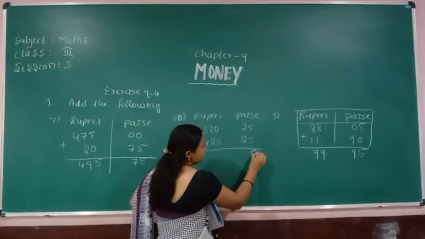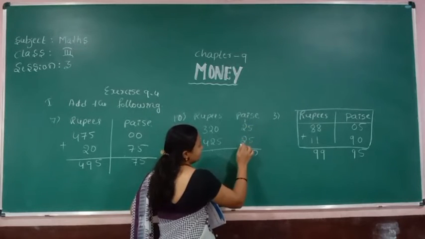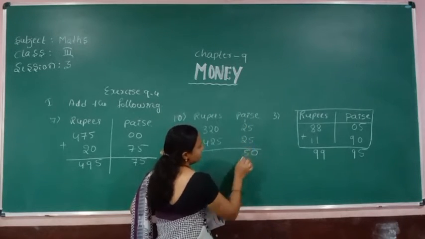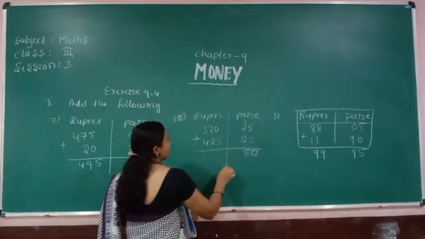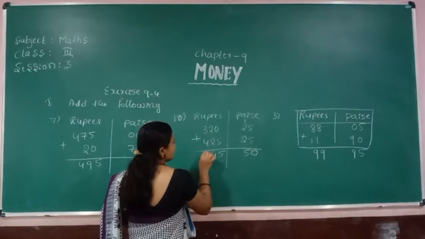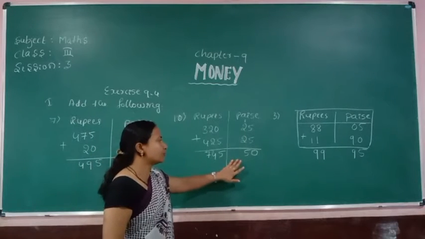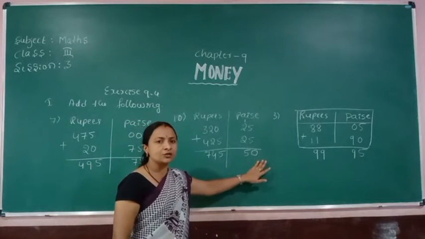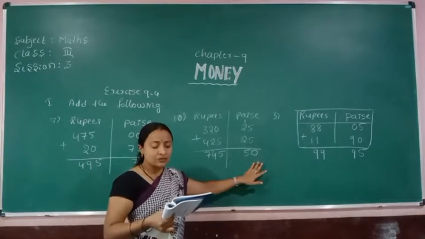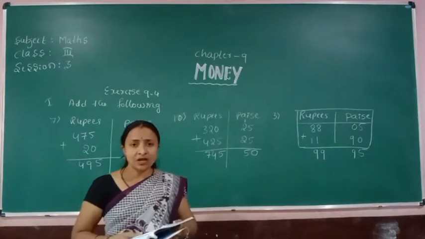I will write 0 here and give a carry of 1 to the paise. 2 plus 1 is 3, 3 plus 2 is 5, 50 paise. Here 0 plus 5 is 5, 2 plus 2 is 4, 4 plus 3 is 7. So see students, 745 rupees 50 paise. Understood? Yes students. The problems I left, you will do those on your own.